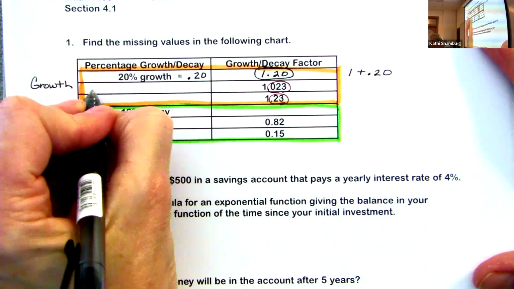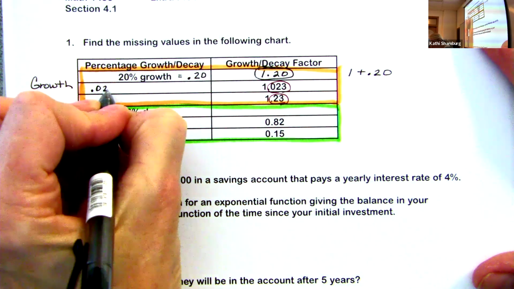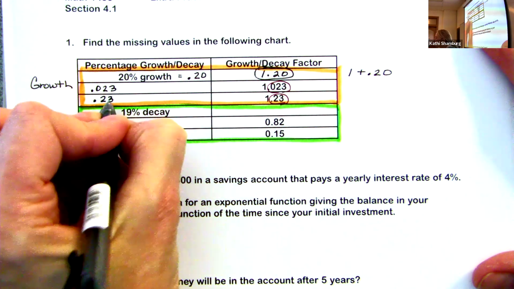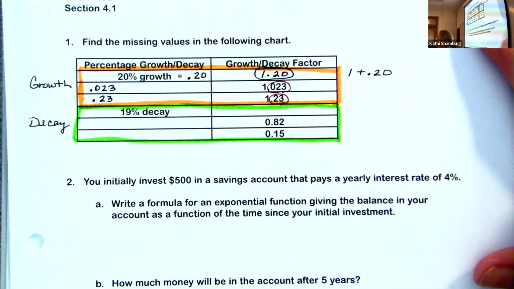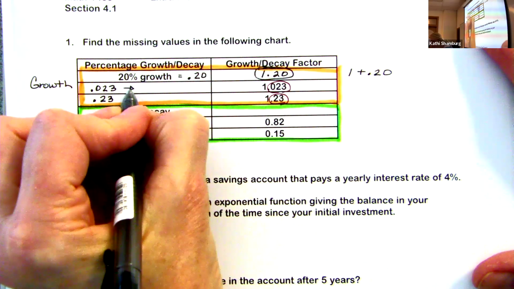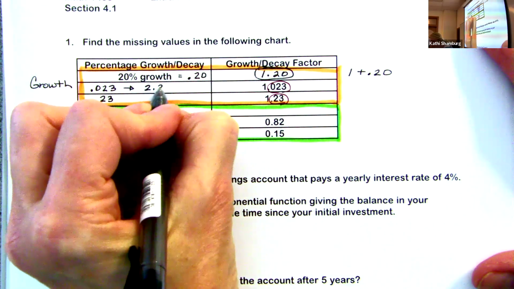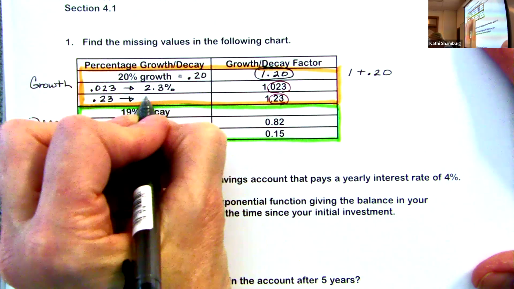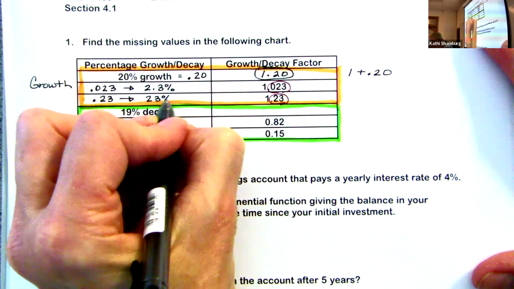So we're left with 0.023 on this one, and we're left with 0.23 on this one. And then we just convert those to their equivalent percent, which means move the decimal point 2 places to the right. So this would be 2.3%, and this would be 23%.